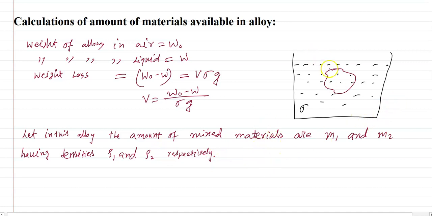So this alloy contains a mixture of two materials having masses M1 and M2 and densities rho 1 and rho 2. Then the volumes are V1 equals M1 by rho 1 and V2 equals M2 by rho 2.